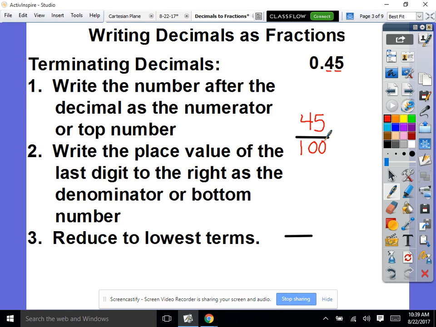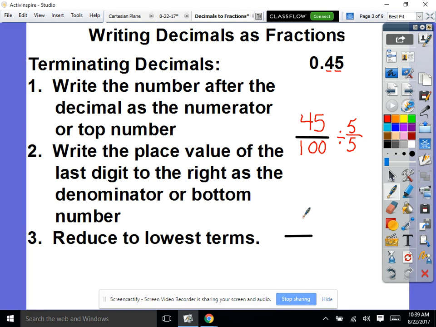A good rule for that is start with a 1, and then for the number of places after the decimal, that's how many zeros you will have. And then we need to reduce that to lowest terms. So we know that both of those are divisible by 5. So if we divide by 5 over 5, excuse me, we're actually dividing by 1.